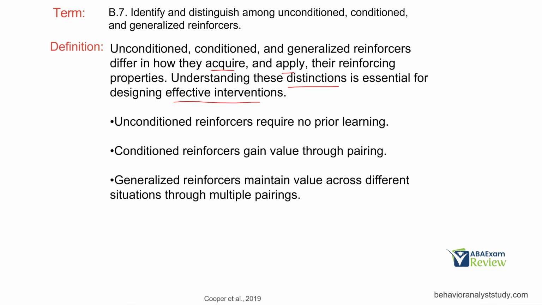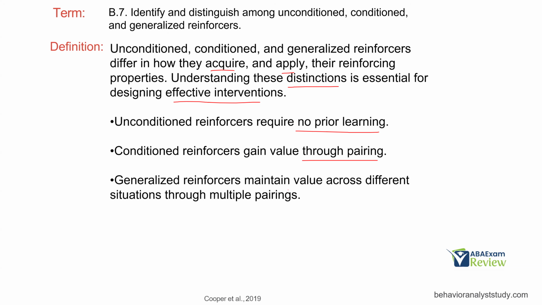that much more difficult. Now, unconditioned reinforcement or primary reinforcement requires no prior learning, typically genetic. Think water and food. Conditioned reinforcement gains value through pairing. So often we'll condition a stimulus by taking a neutral stimulus and pairing it repeatedly with something unconditioned, let's say food, or we'll take a neutral stimulus and pair it with an already conditioned stimulus to give it reinforcing properties.